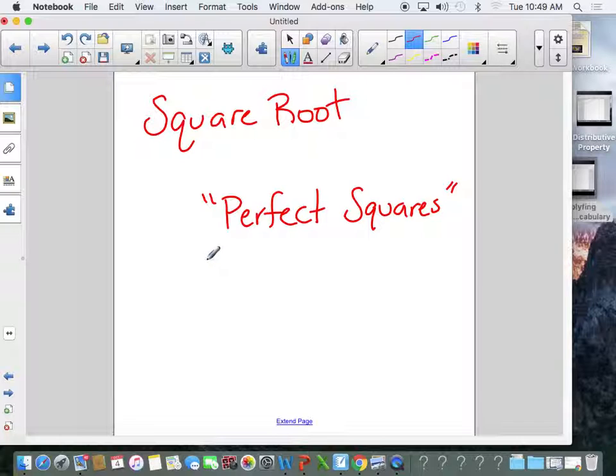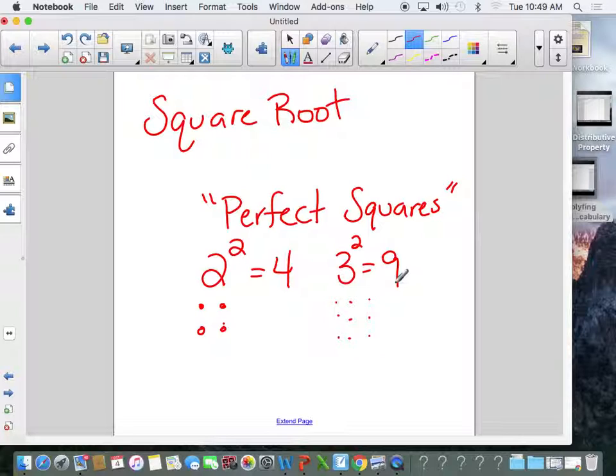So when we looked at 2 squared, we looked at a square that was 2 by 2. Well, 2 squared is 4. And we looked at squares that were 3 by 3, and we called that 3 squared, which is 9. This was in week 5 that we looked at these perfect squares.